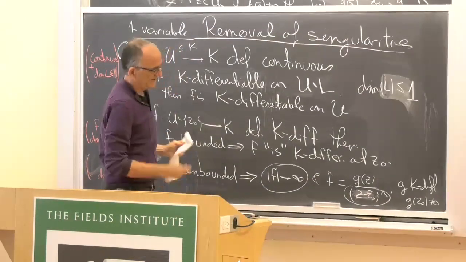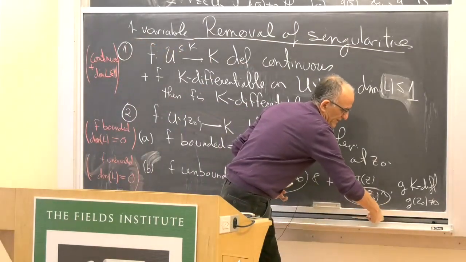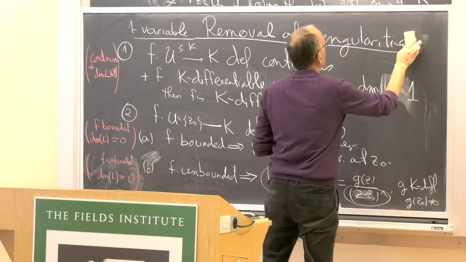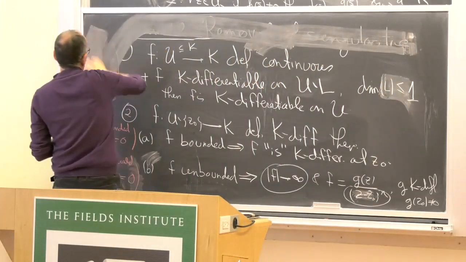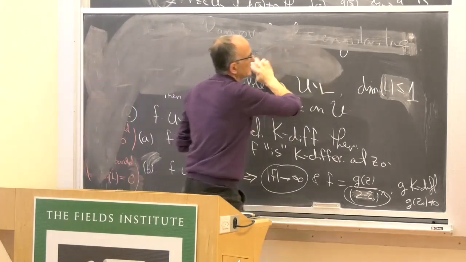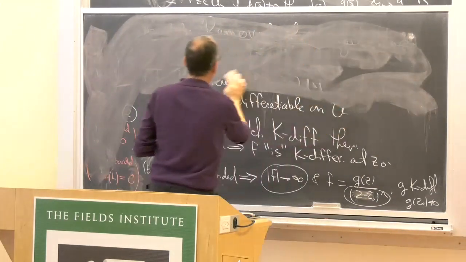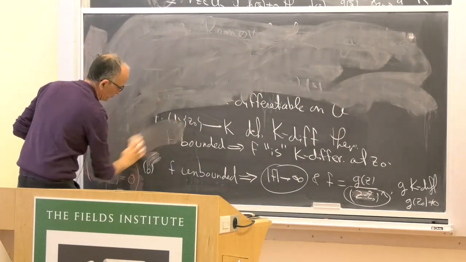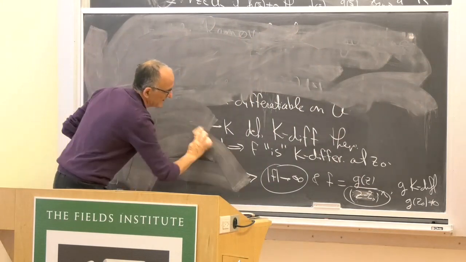So without having to go through each point and its neighborhood, the only thing that we need to make sure is that f is K-differentiable on its domain, and that the complement of its domain has dimension at most 2n minus 2.